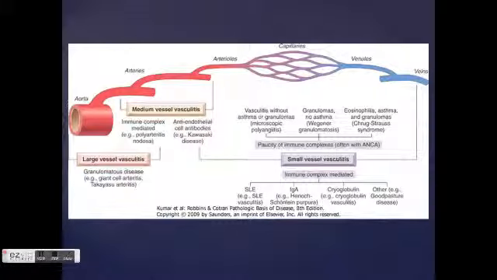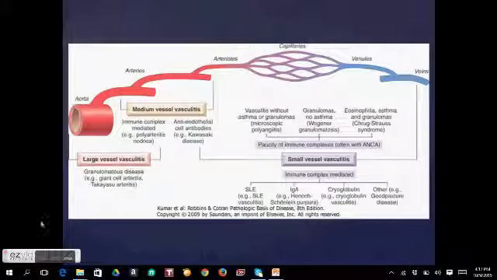So, based on the pathogenesis of vasculitis, you can divide them according to the pathogenesis. One is immune complex mediated, another one is ANCA associated vasculitis, another one is autoreactive T cells, and the last one is your anti-endothelial cell antibodies.